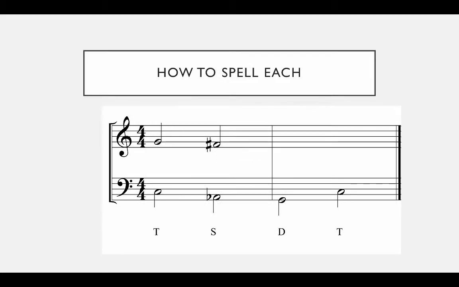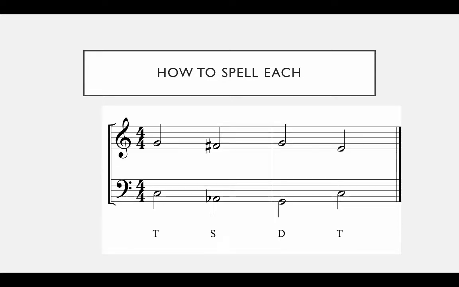Because that F sharp is just sitting there in the soprano, unresolved, you know where it needs to go. It goes to G next. And then you can either remain on G for the last chord or skip down to the consonant third, mi, or E, looking like this. Let's listen to that.